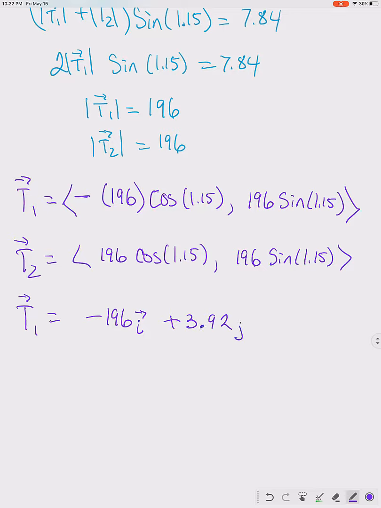And that's in the J direction. And then T2 will be exactly the same, but without the negative out front in the J direction.